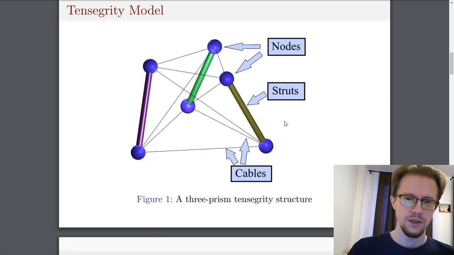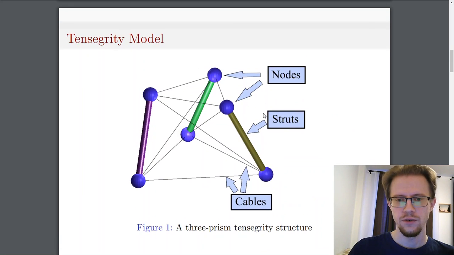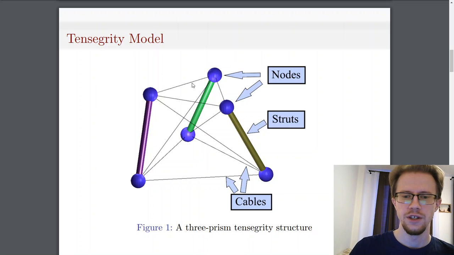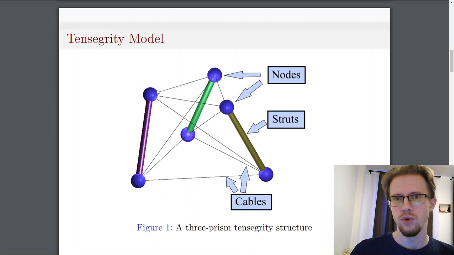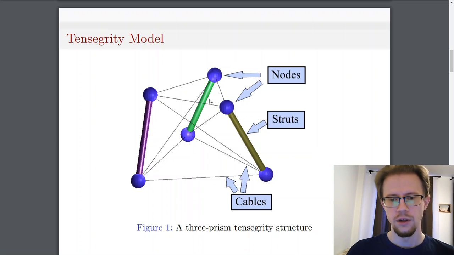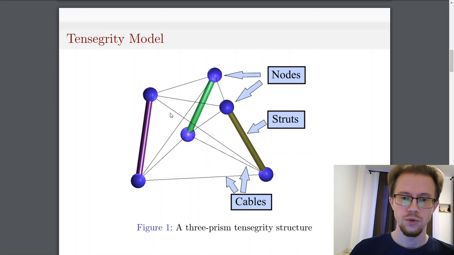So first, what is a tensegrity structure? Well, it is a structure of beams or rods connected via cables. Basically, the idea is that the structure is completely composed of elements which only receive loads in the axial direction.